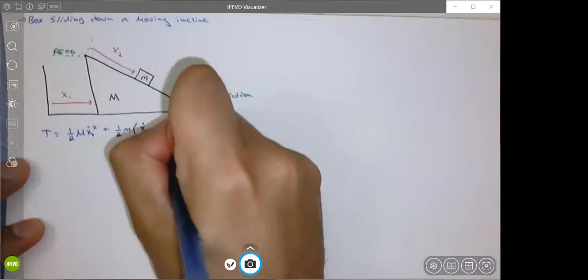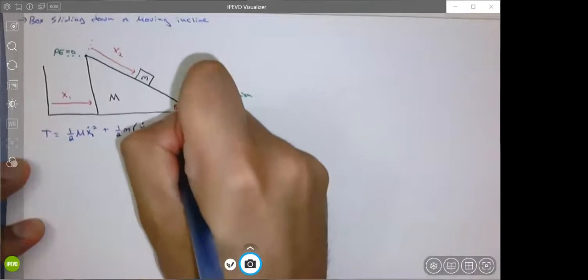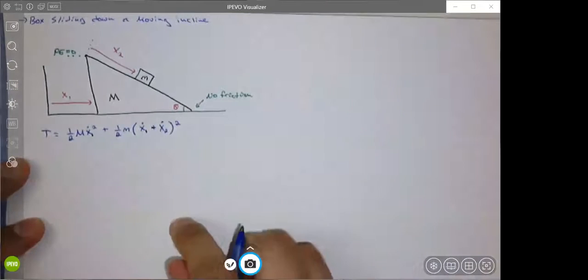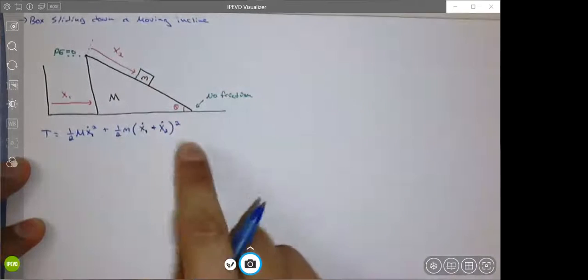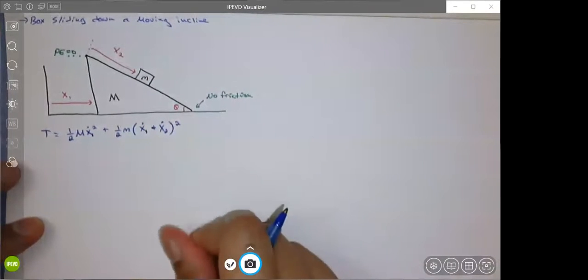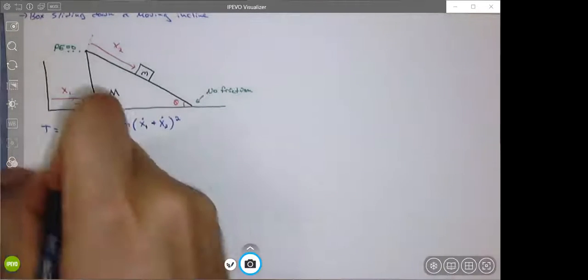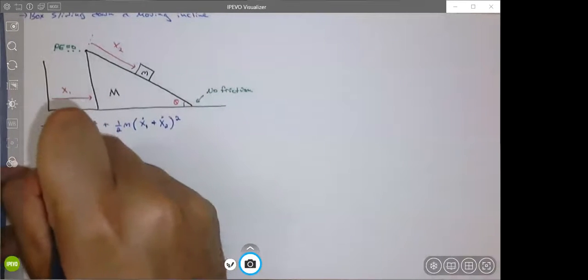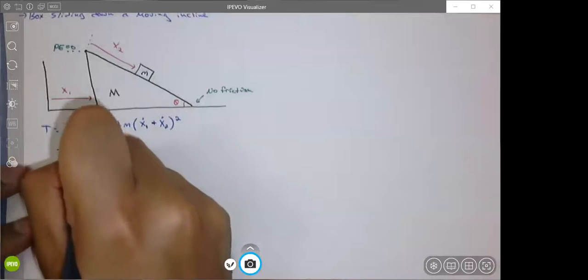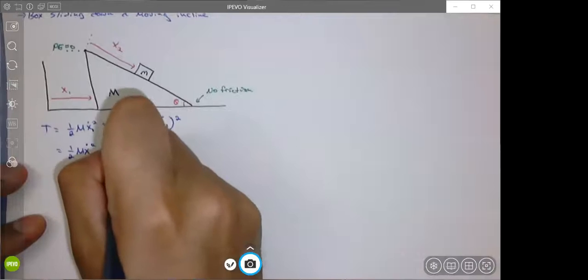So plus x2 dot squared. And remember, these two aren't in the same direction, so we're going to have to take the dot product of this when we square it. So let's just do that, and we're going to end up with 1/2 big M x1 dot squared plus 1/2 m.